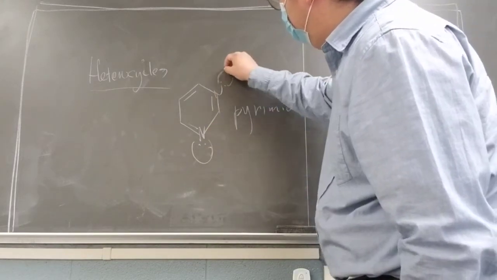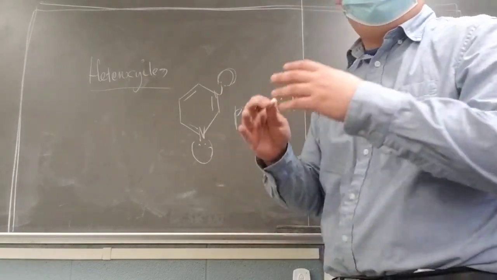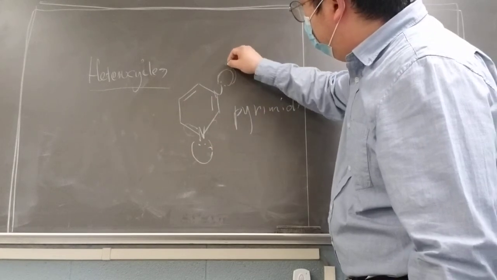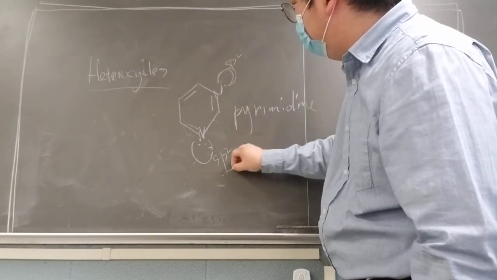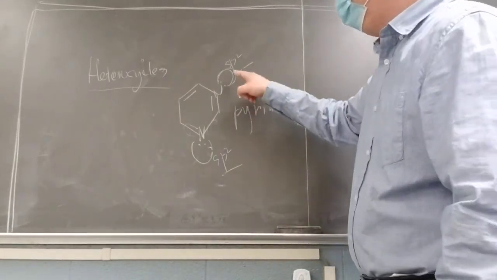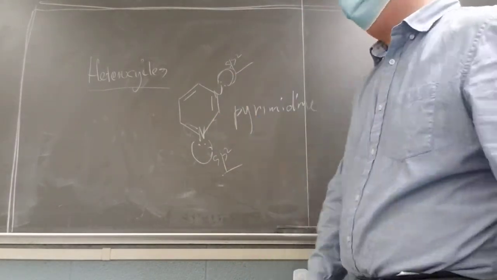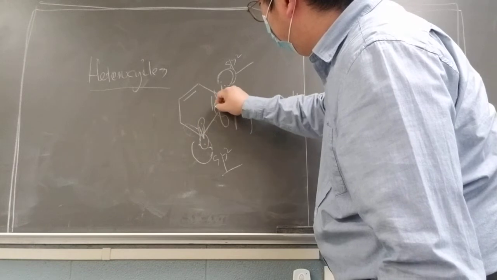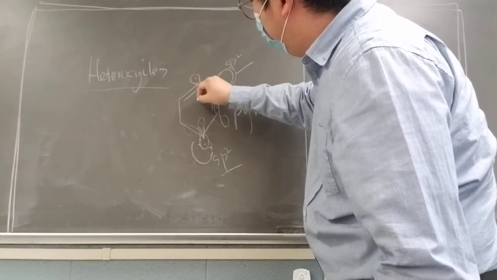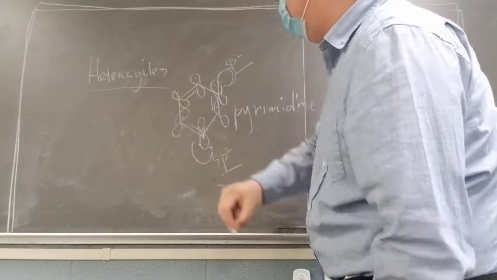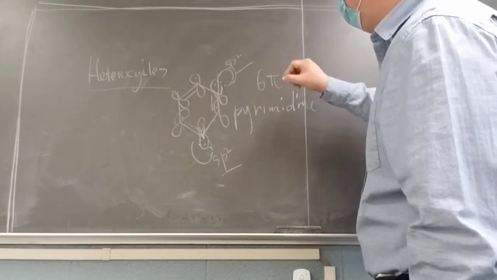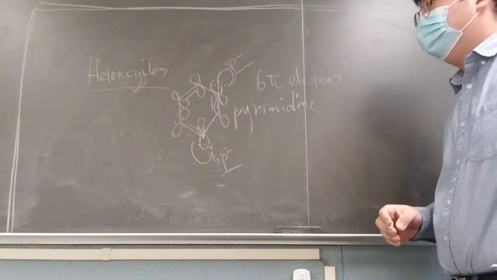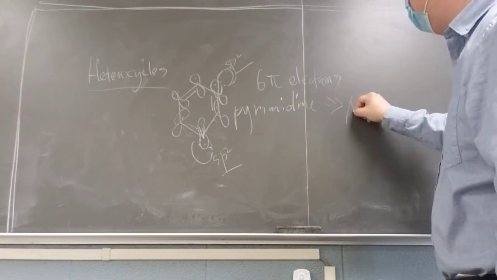We have 2 lone pairs here, but same as the nitrogen in pyridine, they are all in sp2 orbitals, so you don't have to count those two lone pairs in the aromaticity pi electron counting. So in this case, it will still be 1, 2, 3, 4, 5, and 6. So it has 6 pi electrons, and we can count it as aromatic. So this is also aromatic.